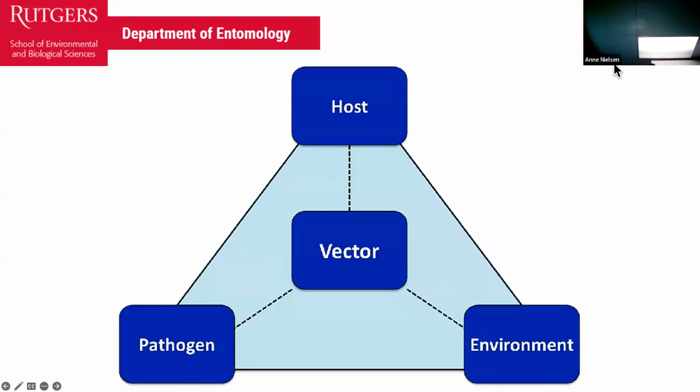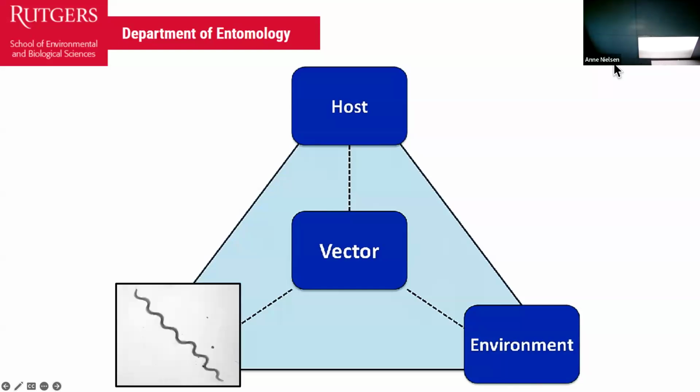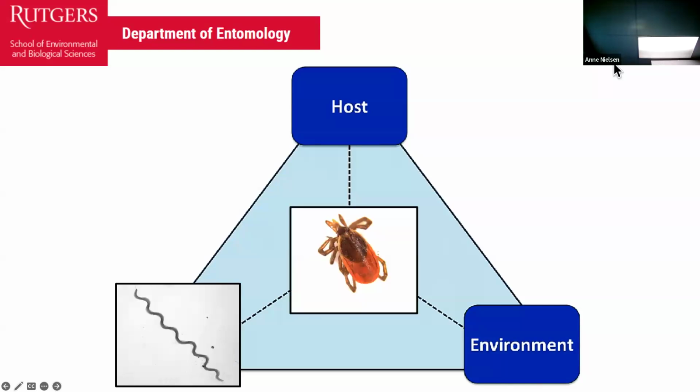And for that, I'm going to use the triad of vector-borne diseases that I'm showing here. The pathogen that I study is Borrelia burgdorferi, which is the agent of Lyme disease. This pathogen is vectored by Ixodes scapularis, and although I'm not going to talk much today about Ixodes scapularis, we have done also a little bit of work with it.